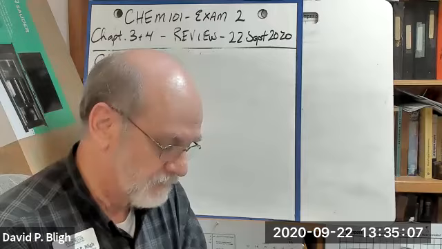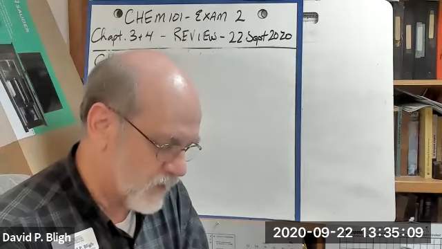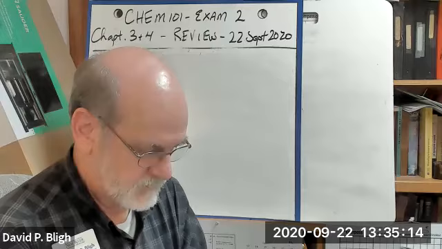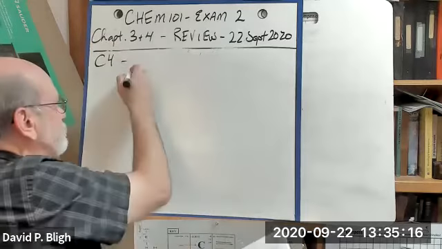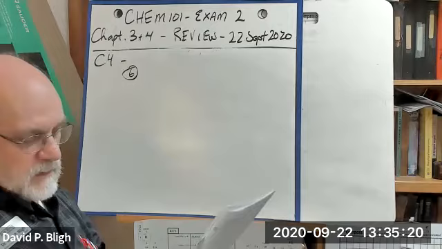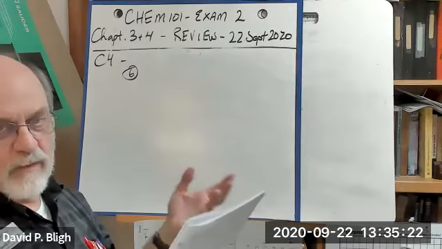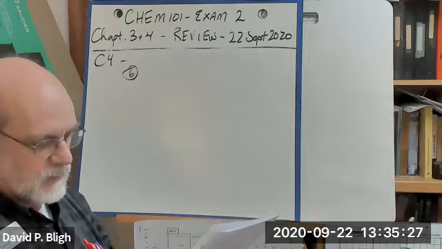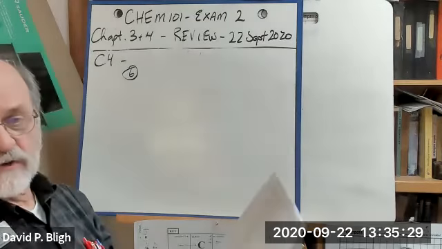For instance, number 6: which of the following is paired incorrectly? A through E. Strong acids, strong bases, weak bases paired with molecules. A, H2SO4, what is that?